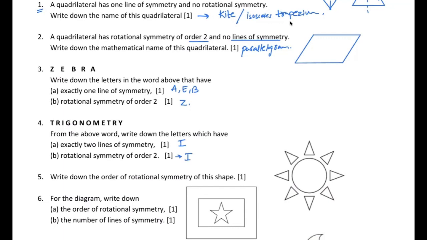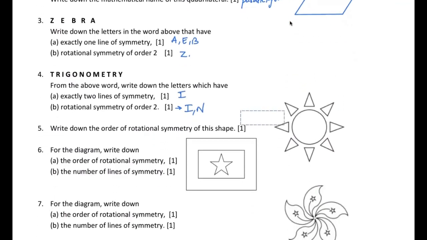Okay, it's going to be I again, because if you rotate I 180 degrees, it's going to be the same I, and after 360 degrees, it's going to be the same I. And the next one is going to be N. If you rotate N, it's going to be N at 180 degrees and 360 degrees. So it has an order of rotational symmetry of 2.